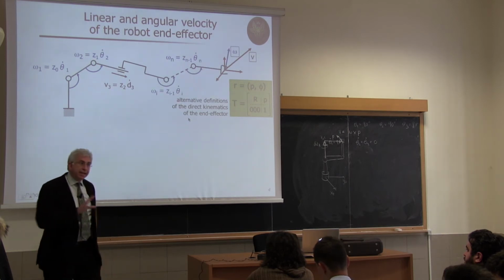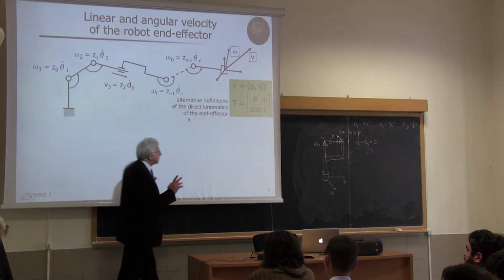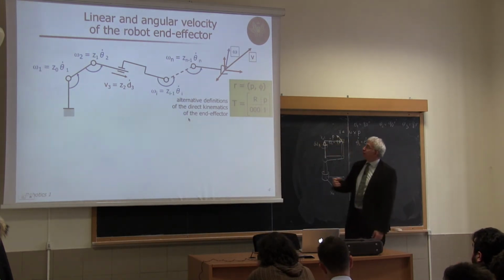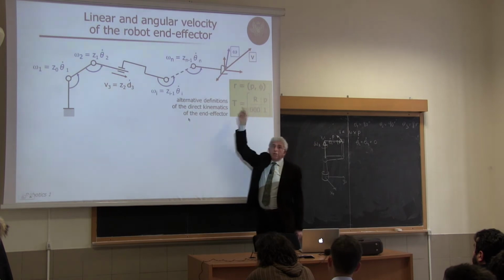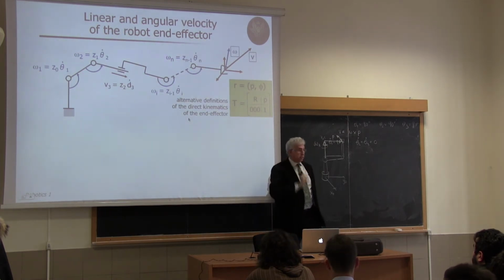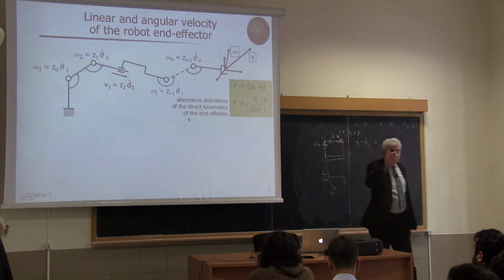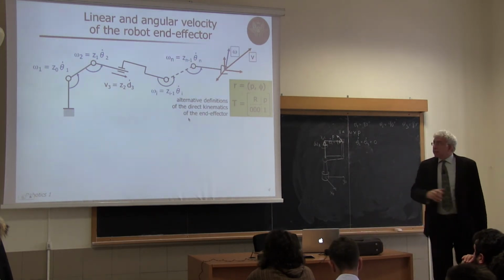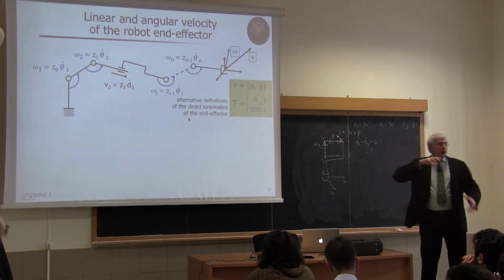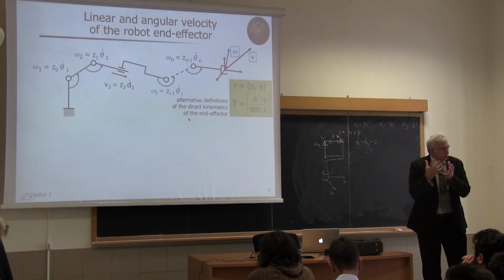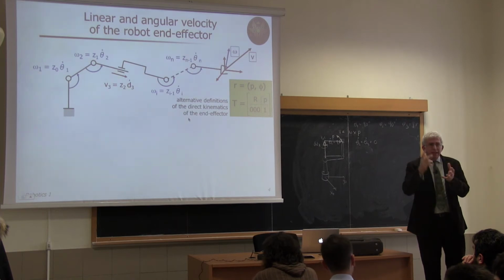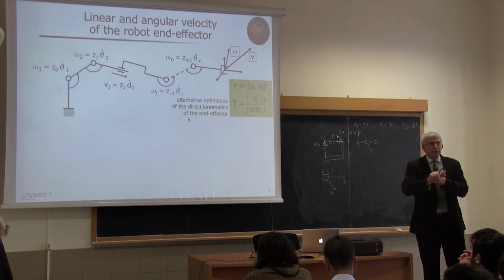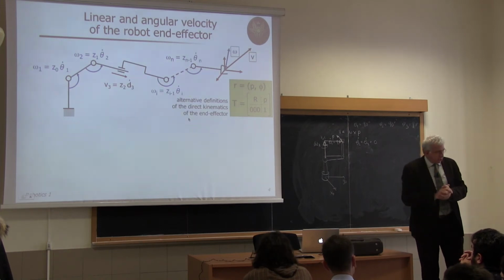Now, when I'm saying linear and angular velocity of the end effector, it's a handy way of saying the velocity of the origin of a frame attached to the end effector, the last frame of the Denavit-Hartenberg convention, and the angular velocity of the end effector as a body, or equivalently, of the frame which I attach to this rigid body, which is changing orientation.